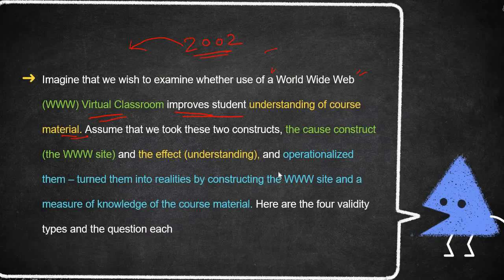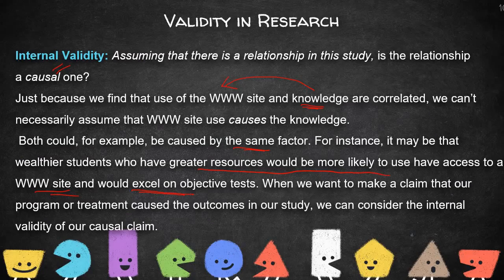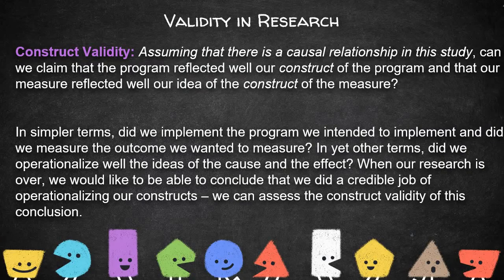So yes, we have seen it on the plane of observation, and now we have to see whether whatever we have thought of theoretically and whatever we are doing in practical terms, the practical thing is actually reflecting well the theoretical concepts.